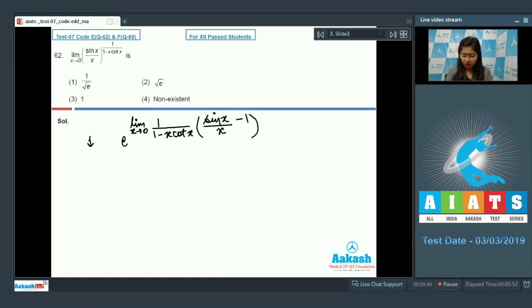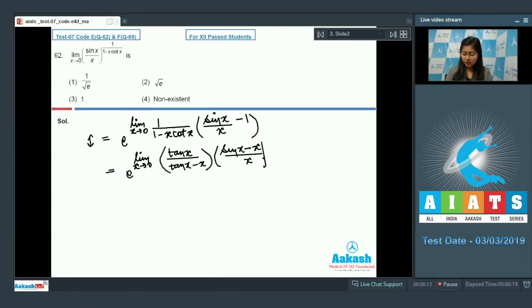Let us say this is I. So this is equal to e raised to the power limit x tending to 0, multiplying and dividing by tan x, we will get tan x upon (tan x minus x), and here taking LCM we can write it as (sin x minus x) upon x.